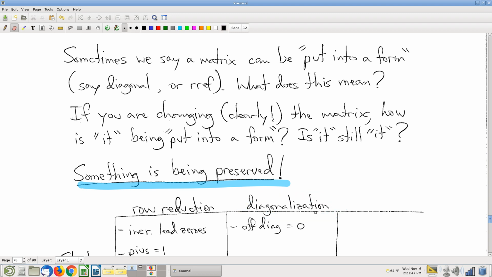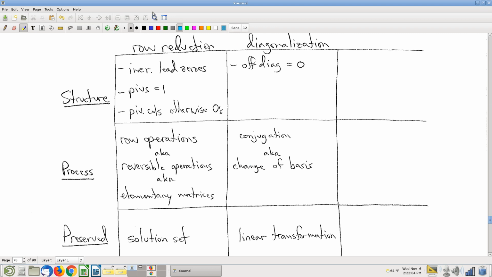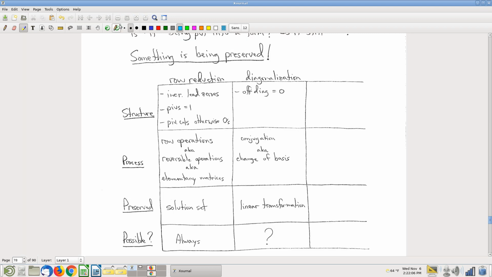What's important to realize is that the language does not give this away. But those things are different between these two processes.